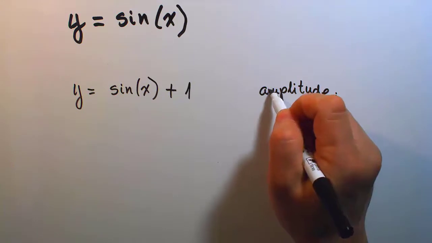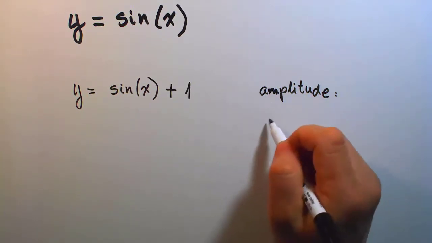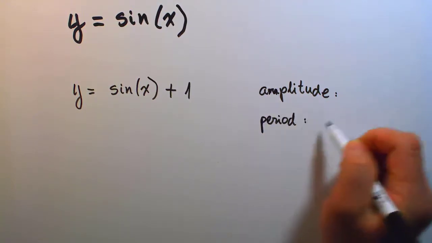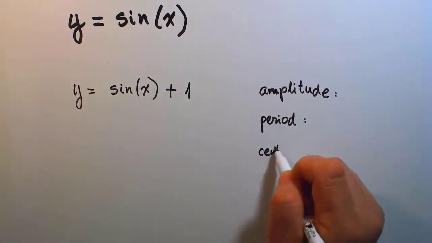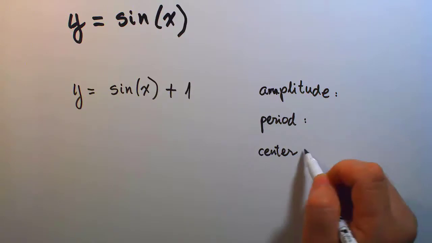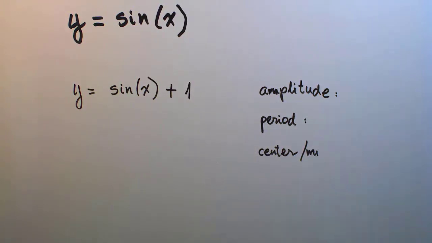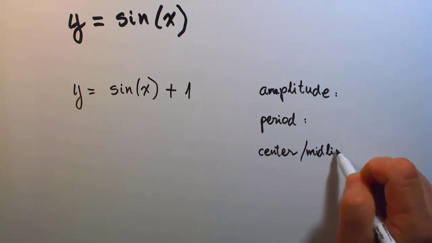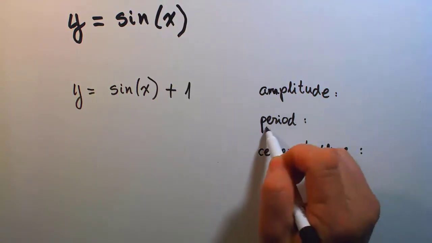After we see the graph, we're going to investigate the amplitude, the period, and where we find the center line or midline. So these are 3 important properties.